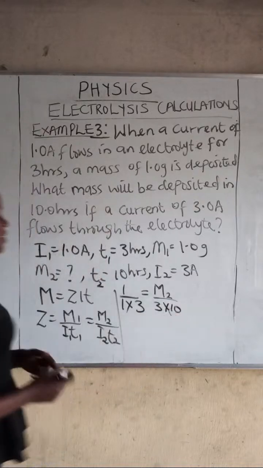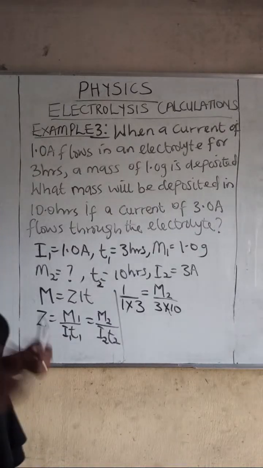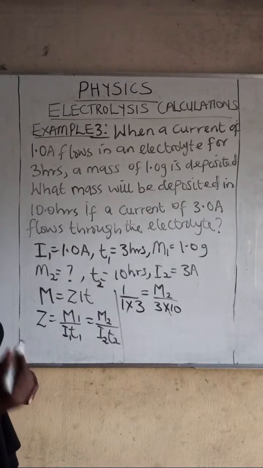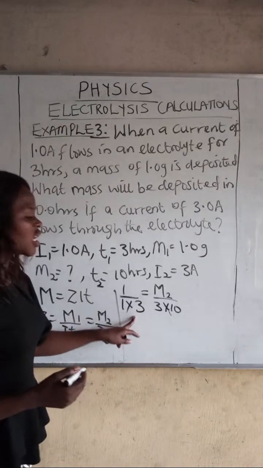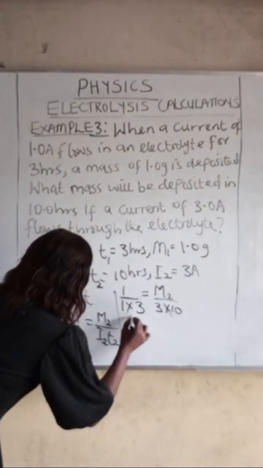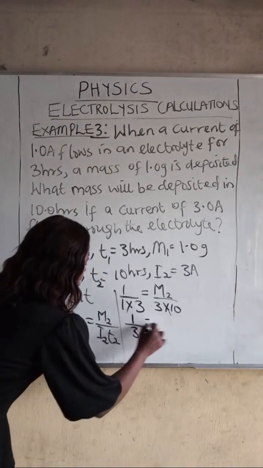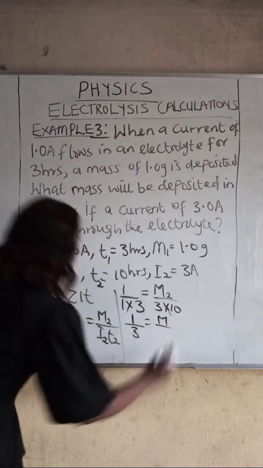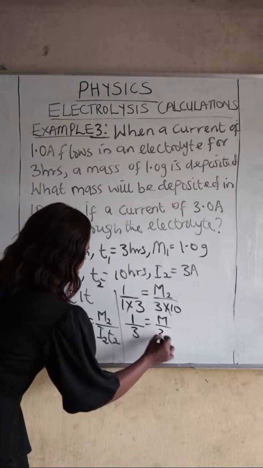Now I'm going to cross multiply. 1 times 3 is 3, and 3 times 10 is 30.